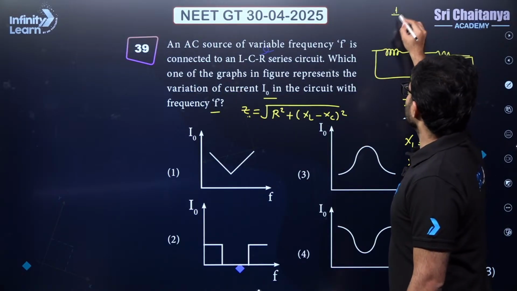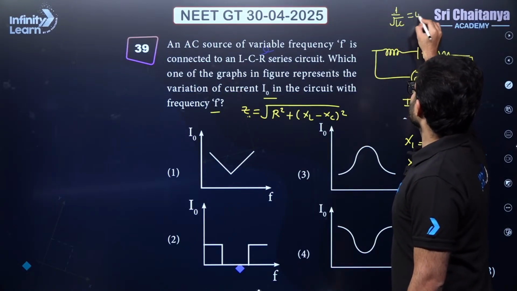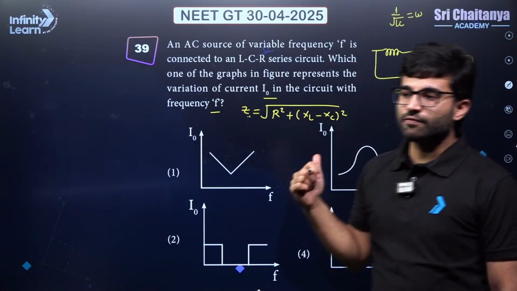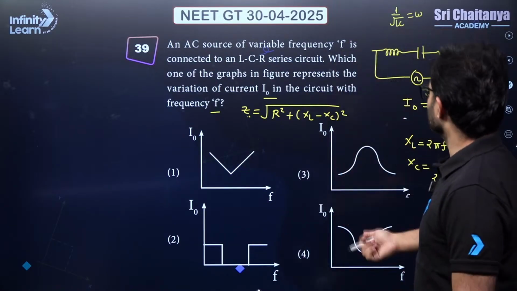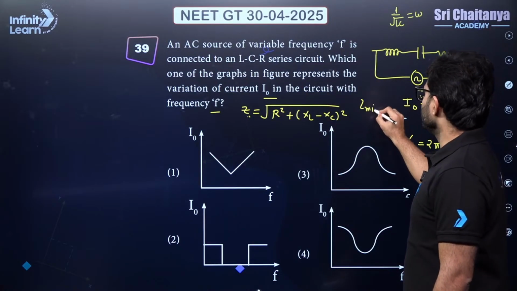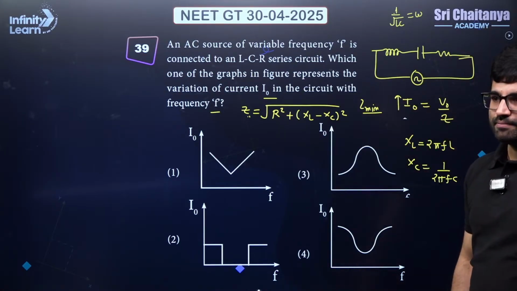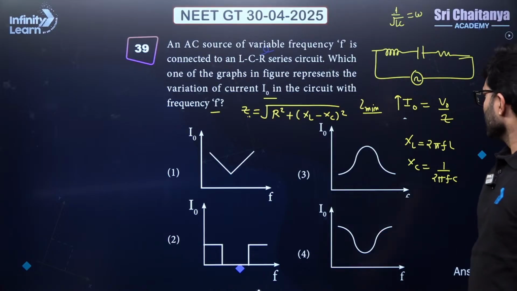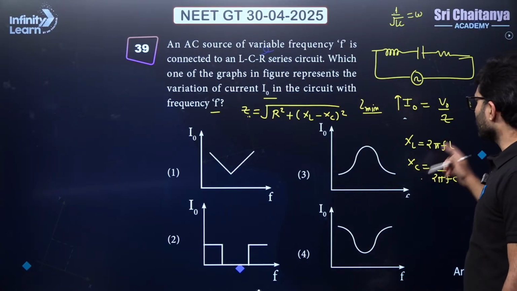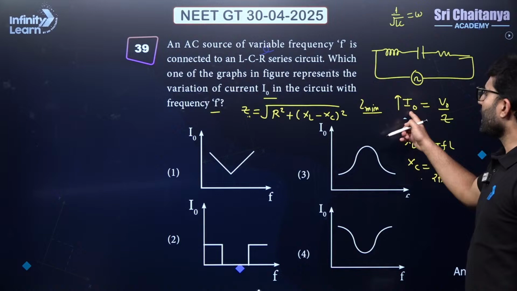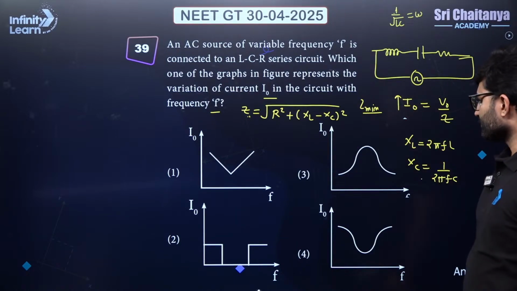At this point you get omega as 1 by root over LC, XL is equal to XC and Z is minimum. When Z is minimum, I would be maximum, right? So that will come at one point in the graph. So if XL is equal to XC, for that value of f, I will get I as maximum, right?